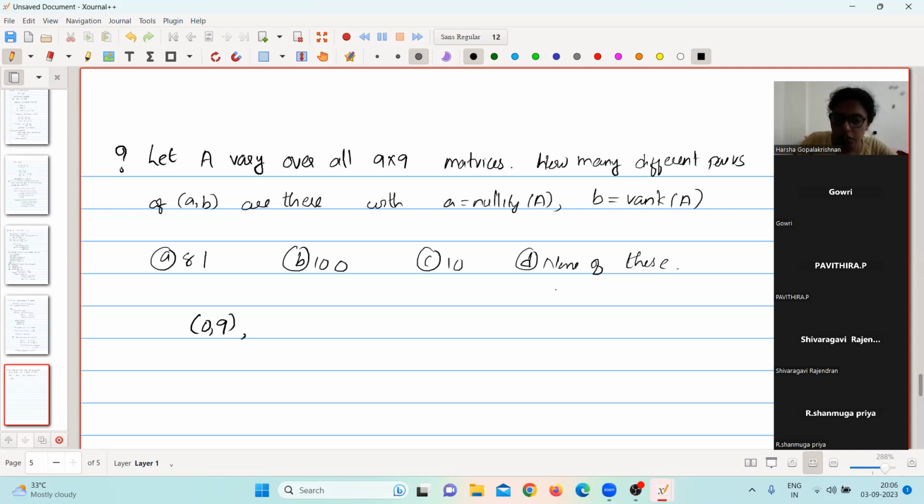So what will be the next possibility? 1, 8. 2, 7. 3, 6. Like that it will go. Finally, it will go to 8, 1, and 9, 0.